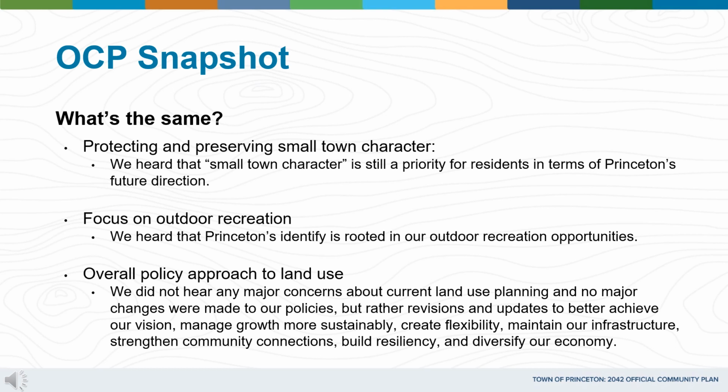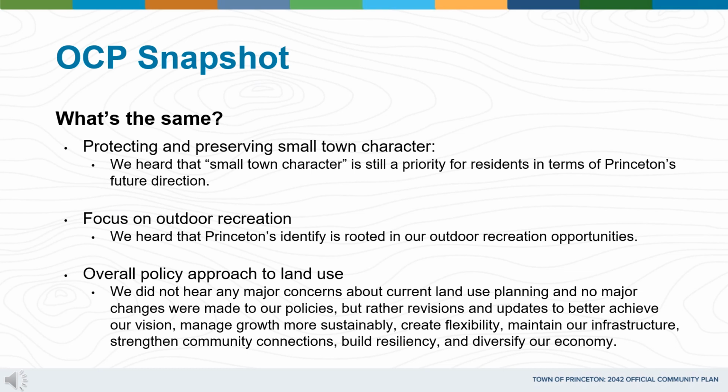We continued our focus on recreation as we heard that Princeton's identity is rooted in our outdoor recreation opportunities. This can be reflected in the consistency in our vision, guiding principles, and themes. Overall, our policy approach to land use has stayed consistent between the 2008 and 2042 OCP. We did not hear any major concerns about current land use planning.